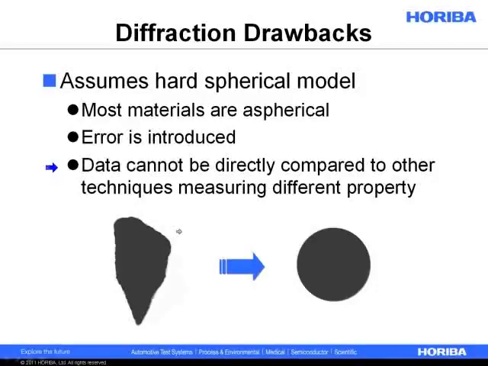It also makes it extremely difficult to compare to sieves, because sieves are measuring the second smallest size of a particle. Not the smallest size, but the second smallest size that can fit through the square sieve mesh opening. And that's definitely not the equivalent spherical diameter. If you're comparing to X-ray sedimentation, that's really measuring the Stokes diameter.